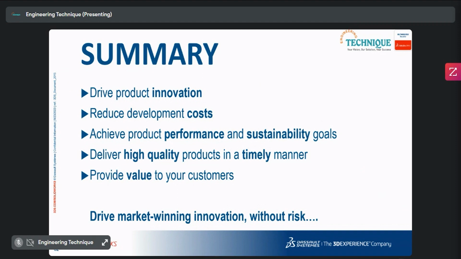With the help of simulation, any company can reach this goal by developing various innovative products, reducing the development cost, achieving product performance and sustainability goals, delivering high quality products in a timely manner, and providing higher value at lower cost to their customers.